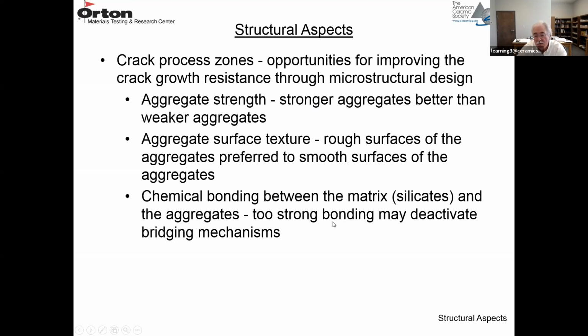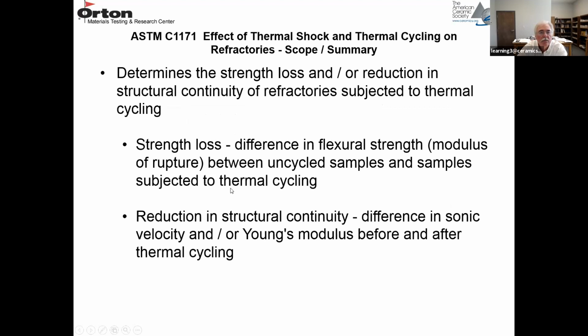So if the matrix has the same strength as the particles, you're defeating the purpose here. You're not designing a microstructure that resists thermal shock. So that's a little bit of background on the approach to designing a microstructure for a refractory that'll resist thermal shock.